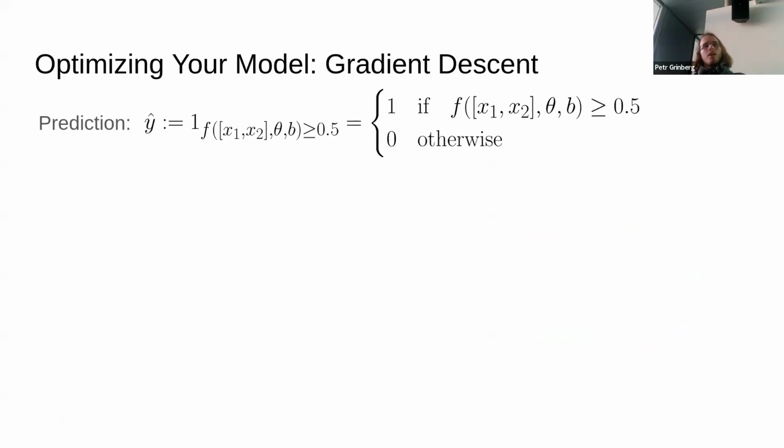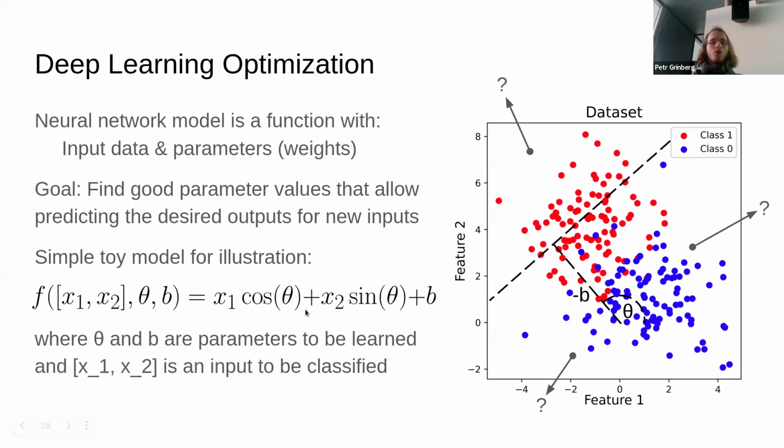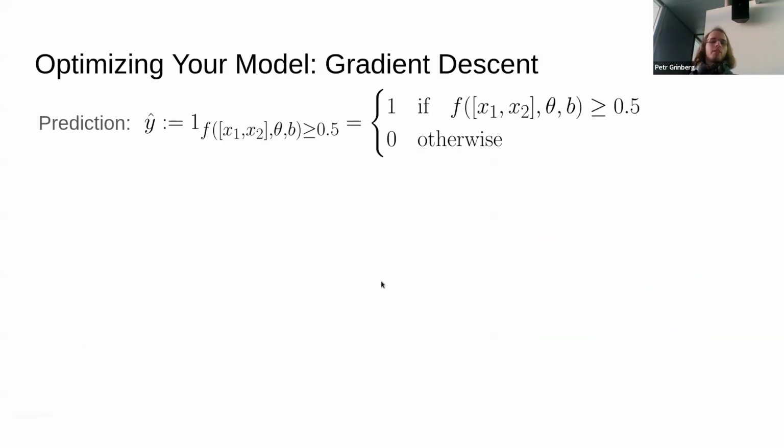Because your ground truth is binary, but your model predicts something continuous, you want to somehow get a binary prediction from your model. How can you do it? For example, you can say that if the output of your model is greater than 0.5, then your prediction is class 1, and otherwise it is 0.